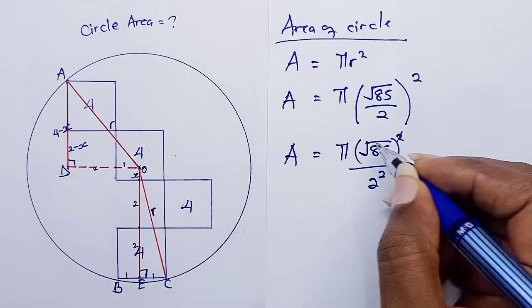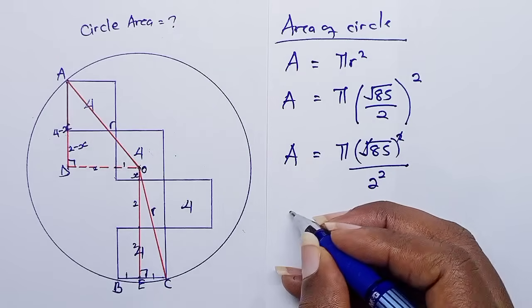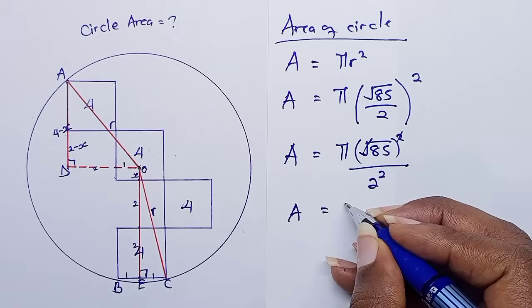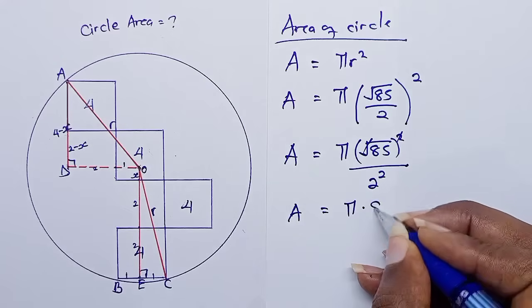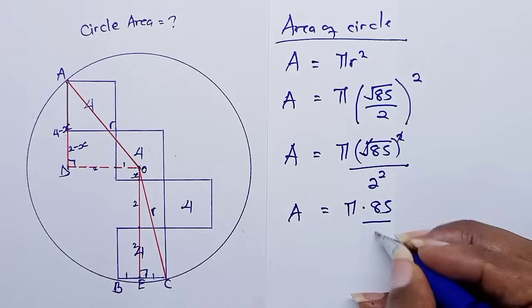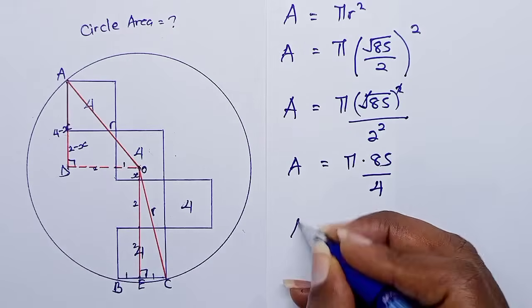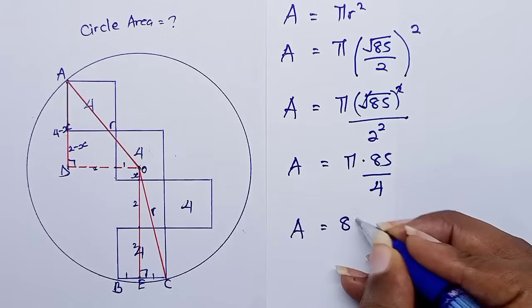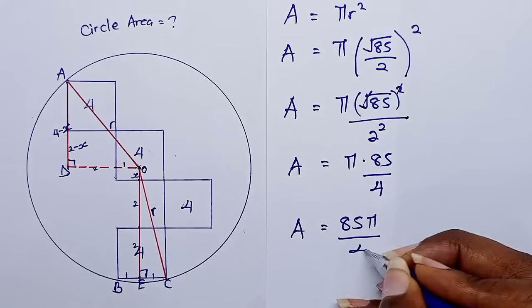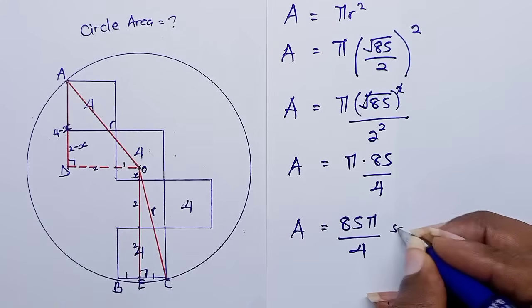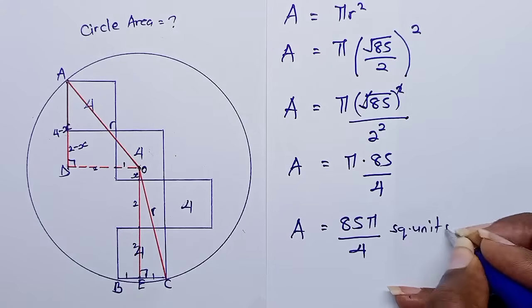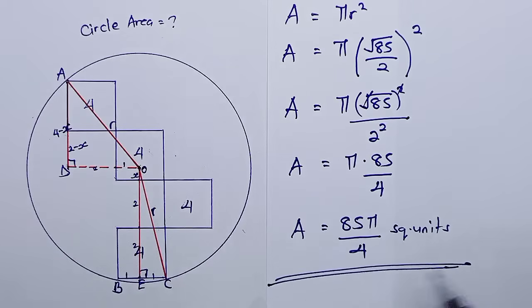So this cancels with the square root, and therefore area is equal to pi times 85 over 2 squared, which is 4. So pi times this gives us area as 85 pi over 4. This is in square units. You can go ahead and give it in decimal form if you wish. But this is the answer to this question.